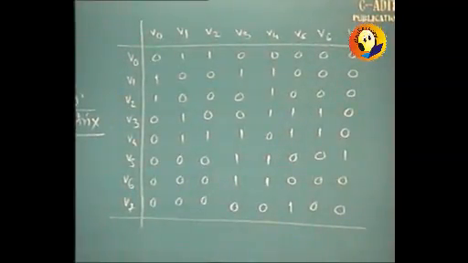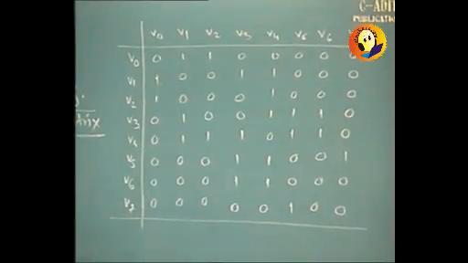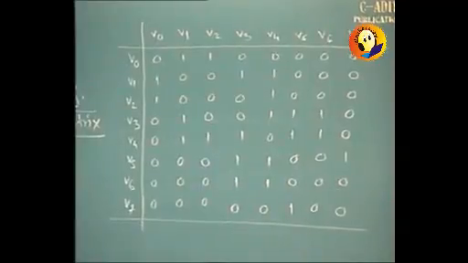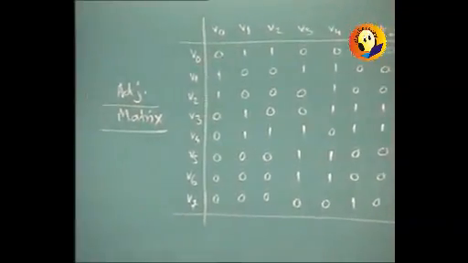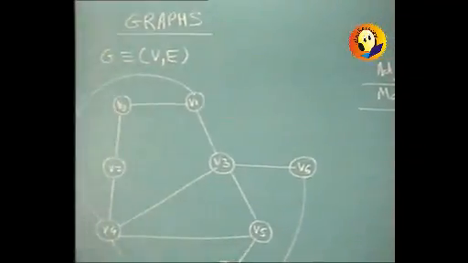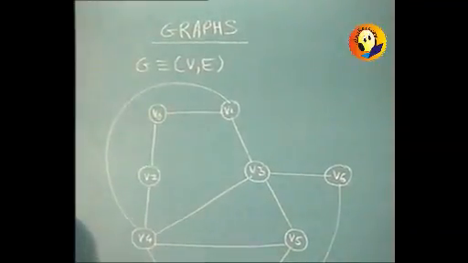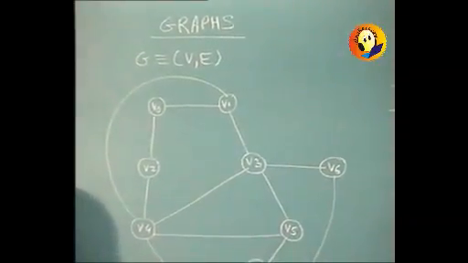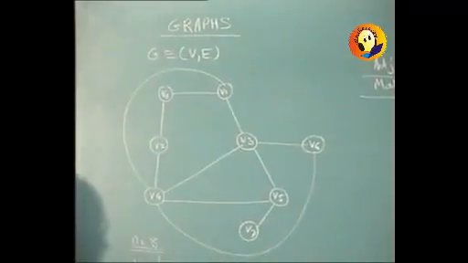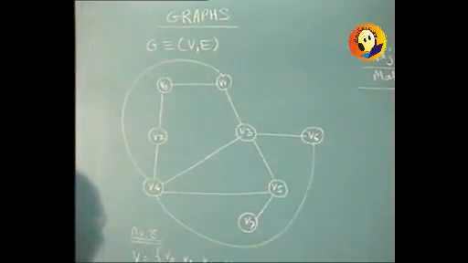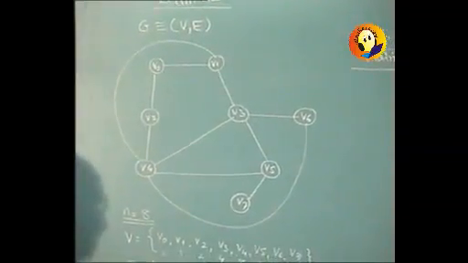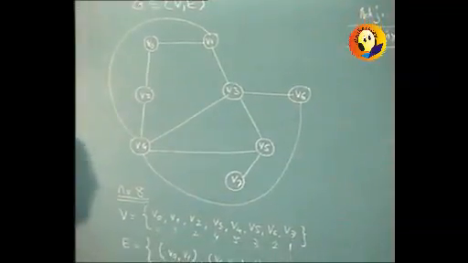The vertex list, there are in all 8 vertices and as many as 11 edges. Graphs is the topic which you have already learned in discrete maths.